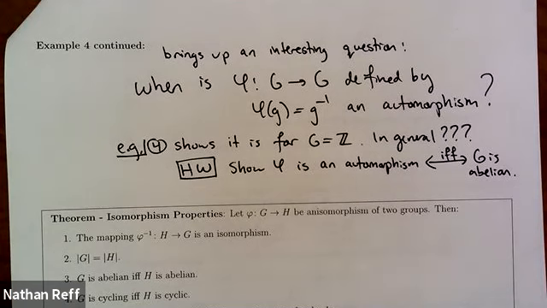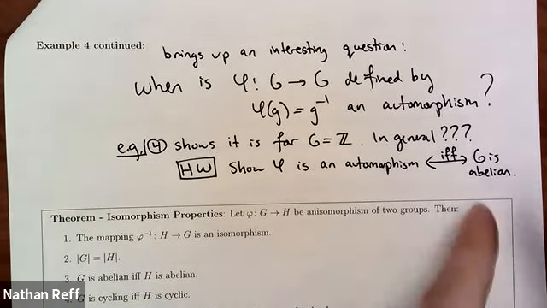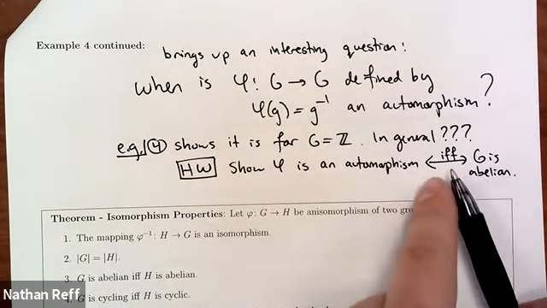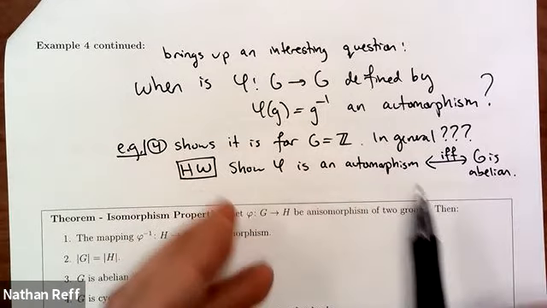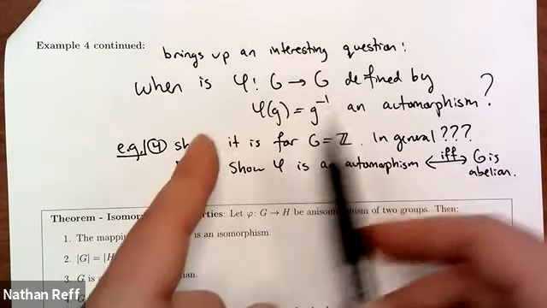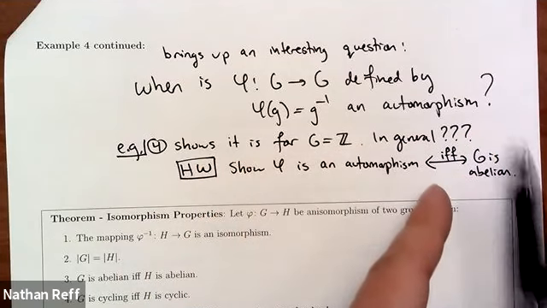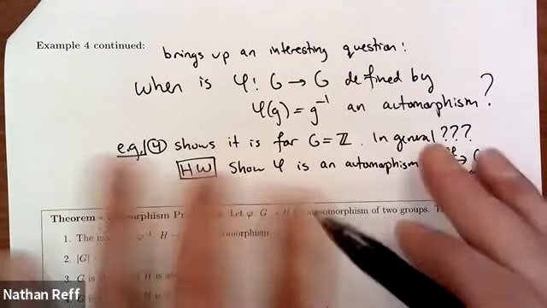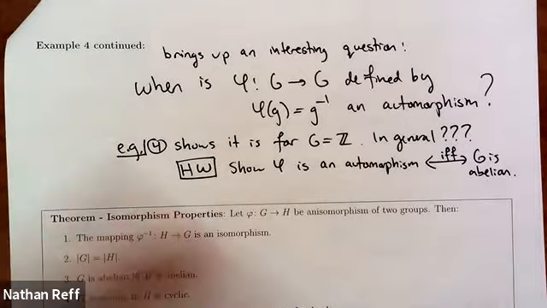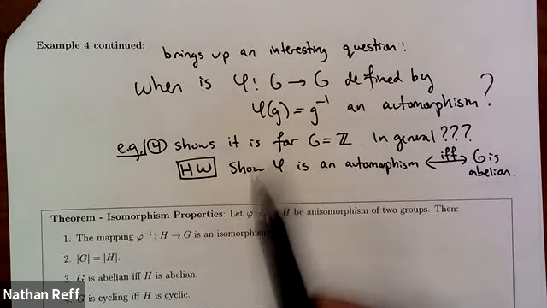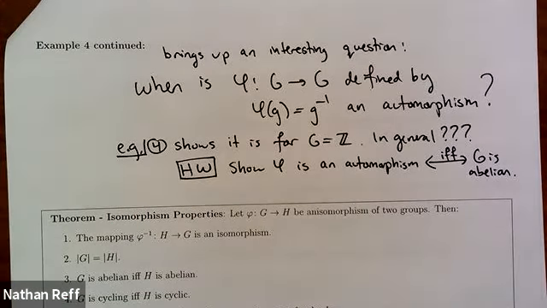Okay, so that's why this is kind of interesting. It's saying you have this, you have a classification theorem. Okay, the existence of an automorphism reveals something interesting about the group. So hopefully doing that homework problem shows you the usefulness of an automorphism, because on the surface it seems really useless, doesn't it?